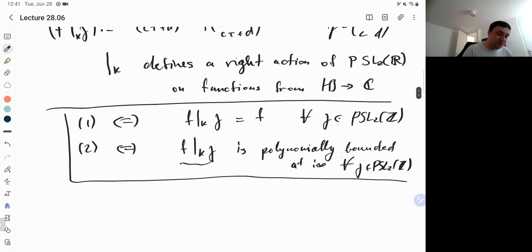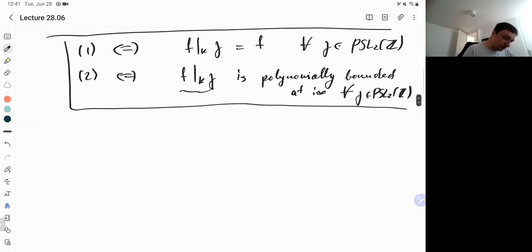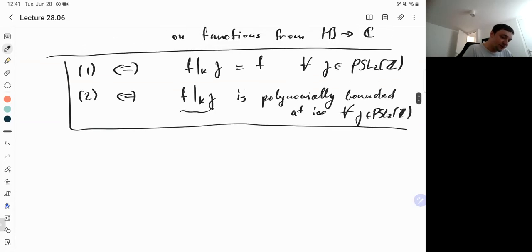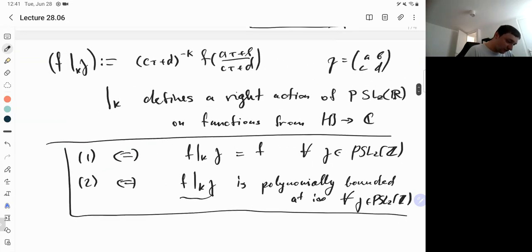And polynomially bounded at infinity, I hope roughly it's clear what it means: if you approach infinity, the function doesn't grow faster than polynomial in the height, so in the y variable. There's actually an exercise in the sheet for today's session that says something about this polynomial boundedness at infinity. Okay, so let's move on.